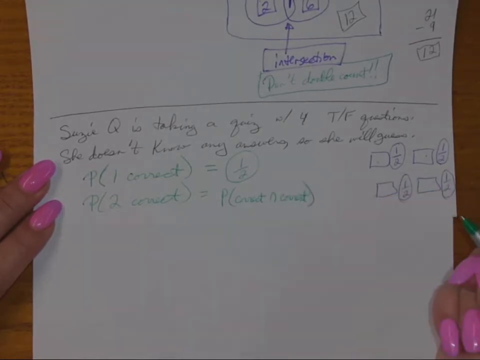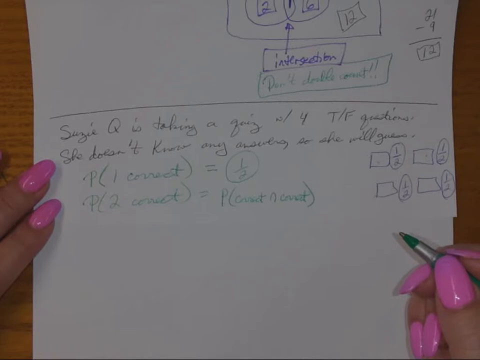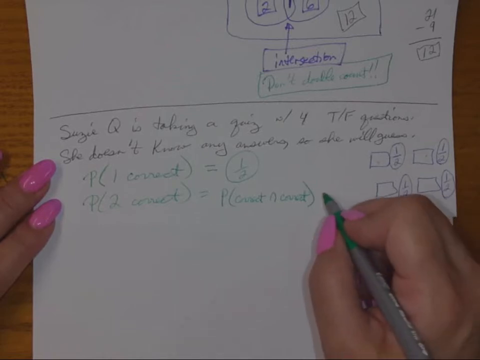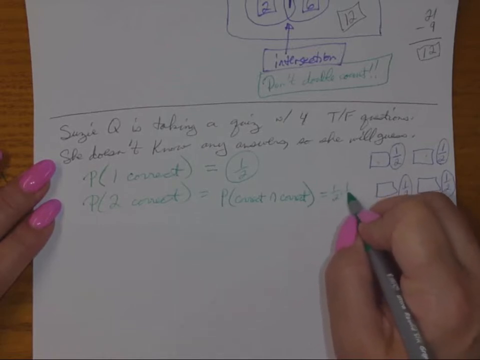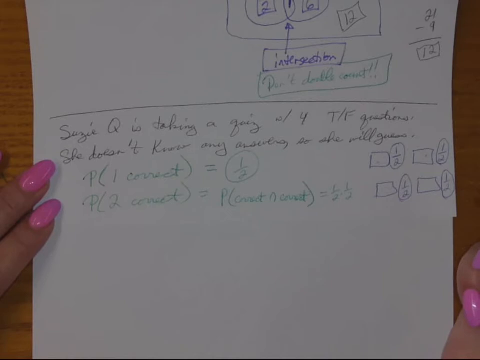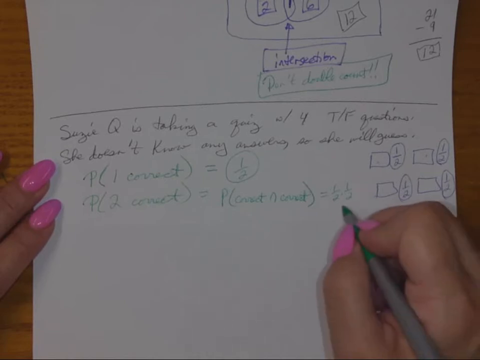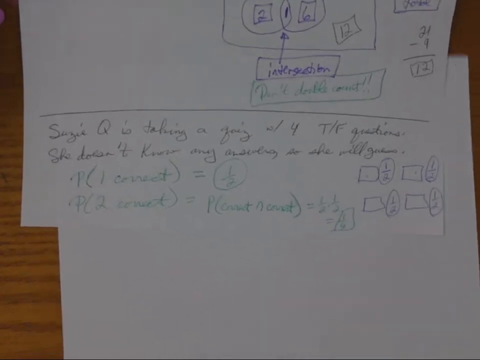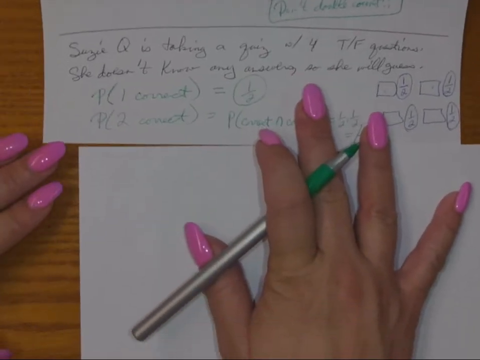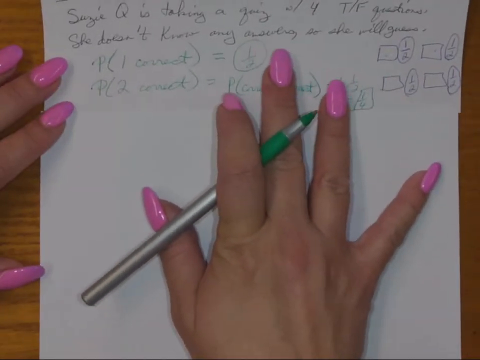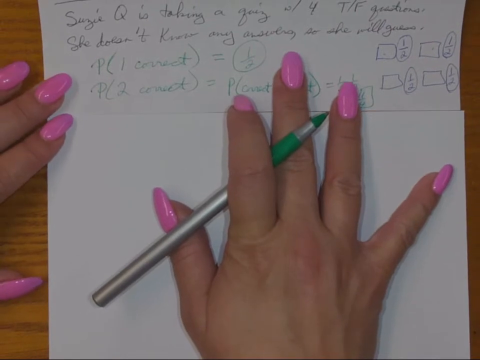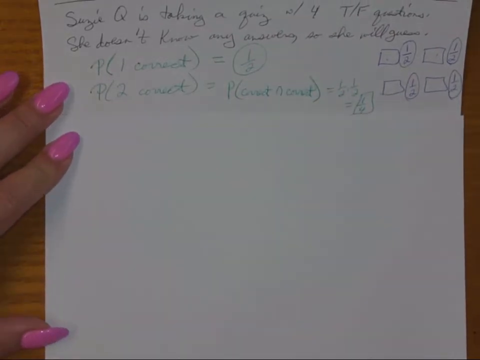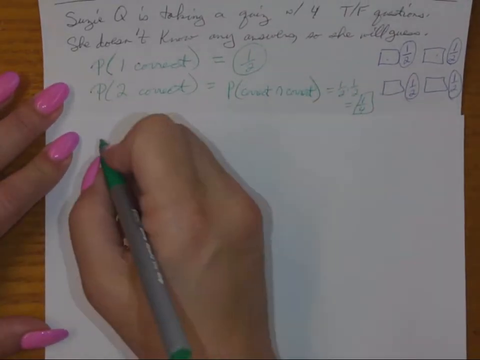Well, that's multiplication. 1/2 times 1/2. Is everybody okay with that? We're going to multiply. So that's a 1 in 4 shot. You've got a 1 in 4 chance, Susie, of getting 2 of them correct when all you do is guess. That's only 25%. That's not very good.